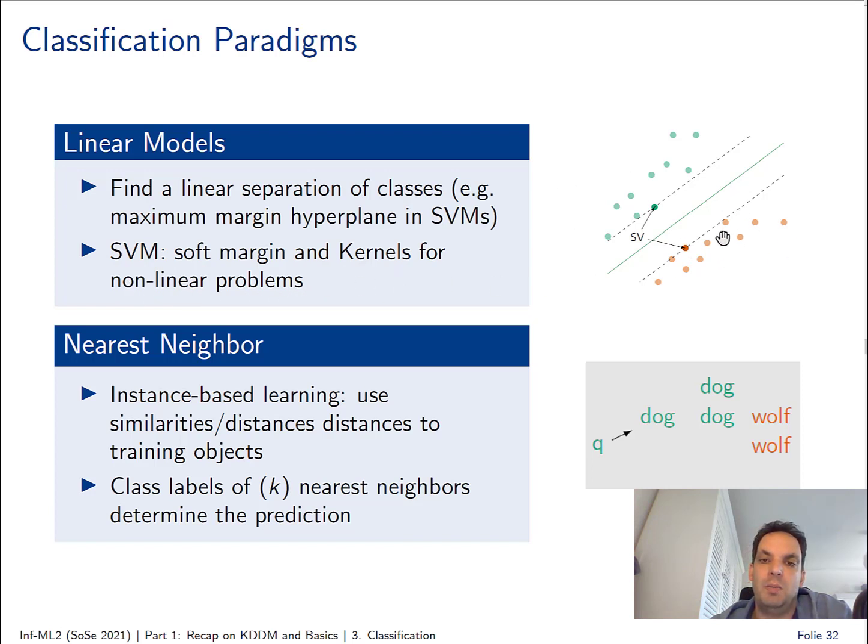Another workaround are kernels, especially for nonlinear problems, where we try to transform the data space into another representation. The idea is that in this new feature space, the problem is then linearly separable. That's why kernels are actually kind of new representations. In that case, we still have to come up with a kind of handcrafted feature.